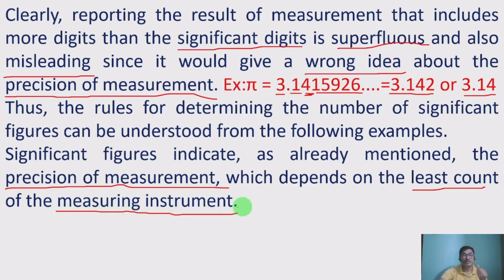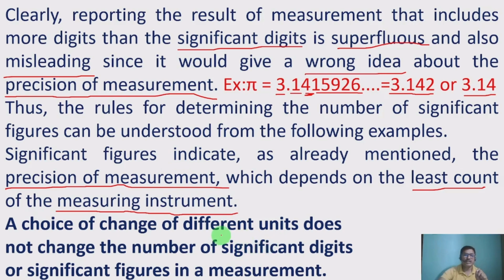The measuring instrument may be a weighing machine, a length measuring instrument, or a temperature measuring instrument, like that. Whatever the precision of measurement, it depends on the least count of the measuring instrument, and based on that we consider the significant figures.